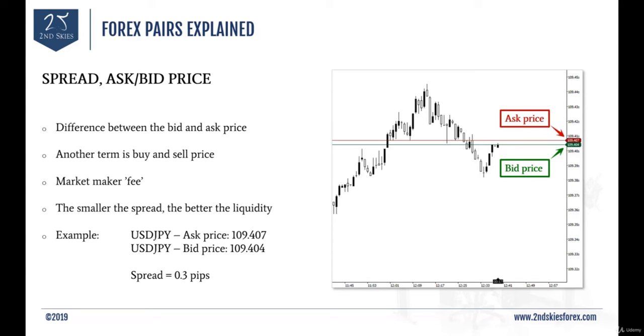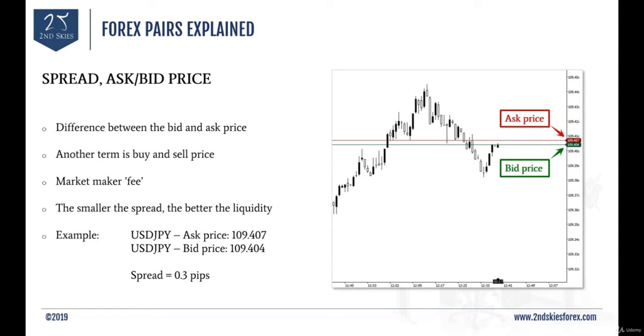So maybe their spread is 407 to 406, or maybe their spread is 406 to 405, and they're widening it a little bit. That's how brokerages make money. They make their money from the transactional spread. That's mostly how brokers make their money. But I'll get into more of that later when I talk about brokerages.